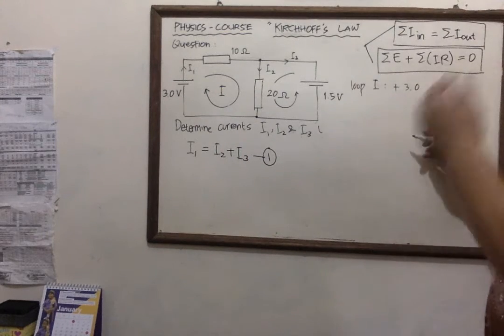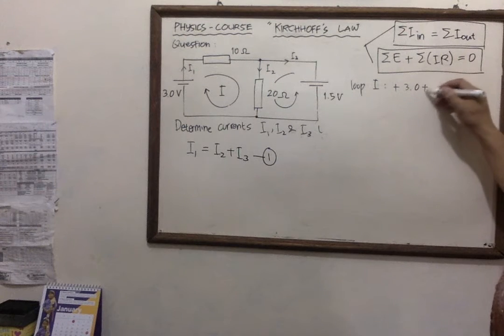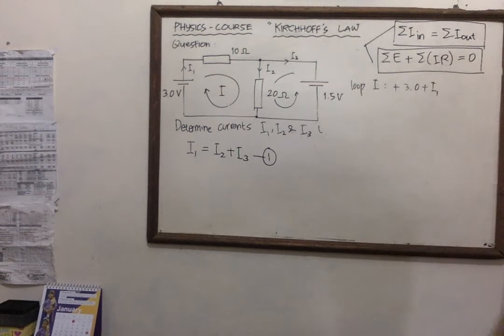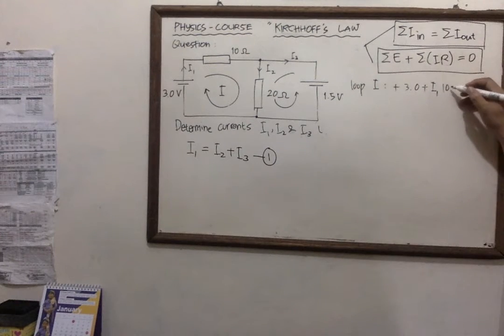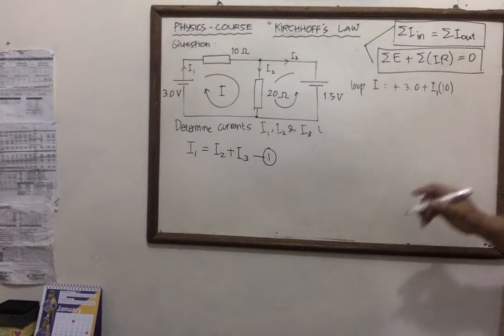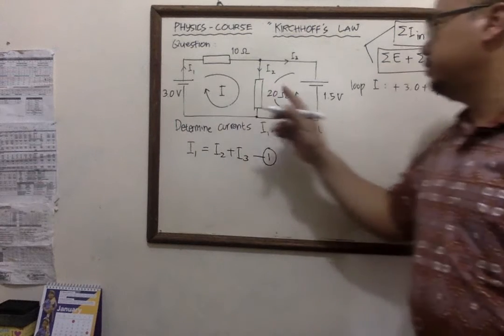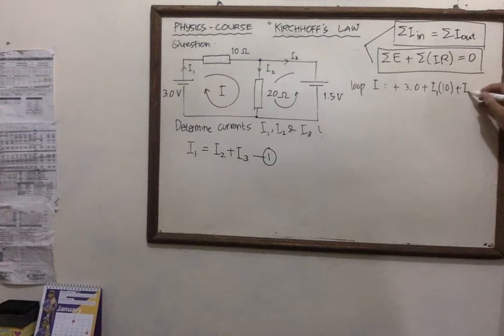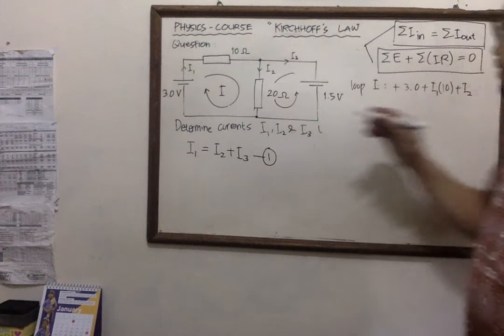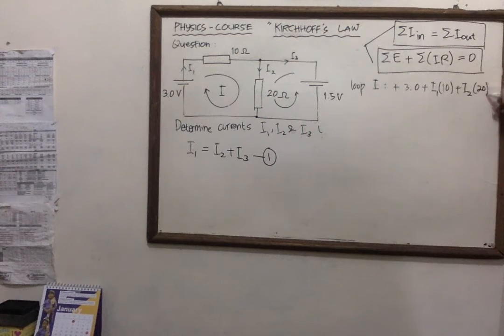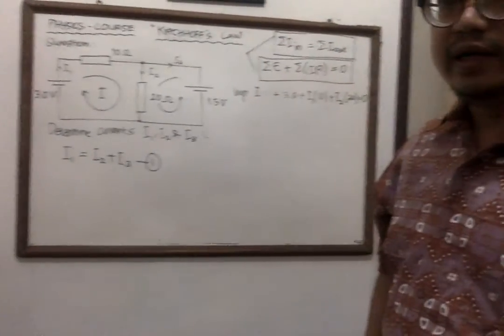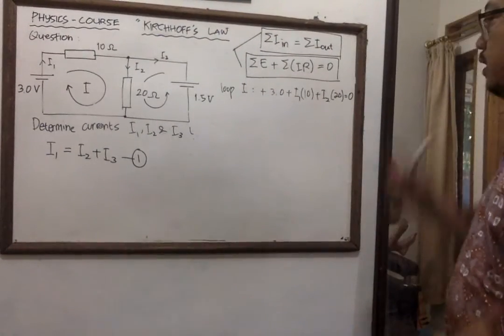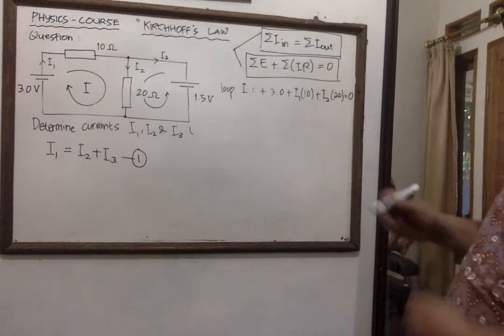For I we have plus I1 across the 10 ohm resistor, and I2 across the 20 ohm resistor, so we put here 20, and then equals 0.